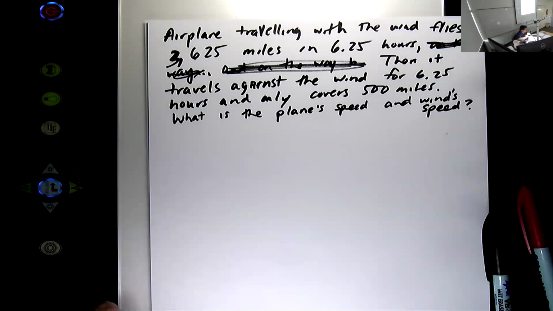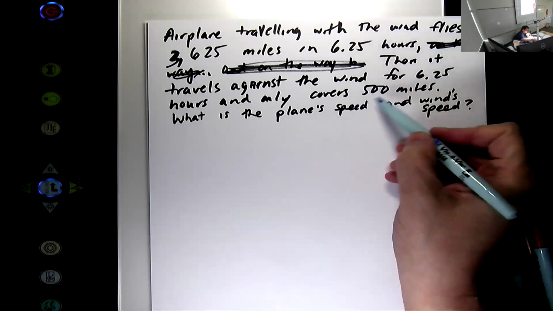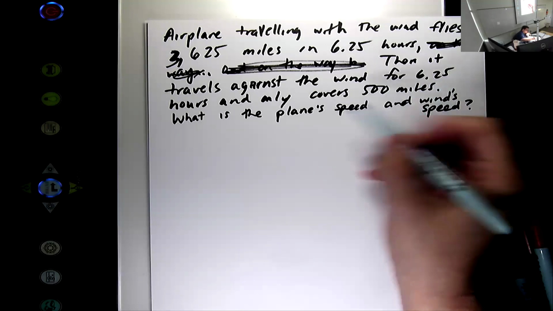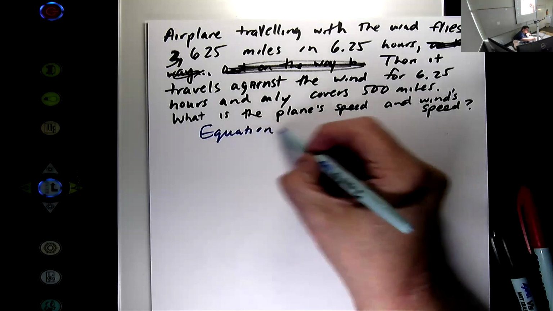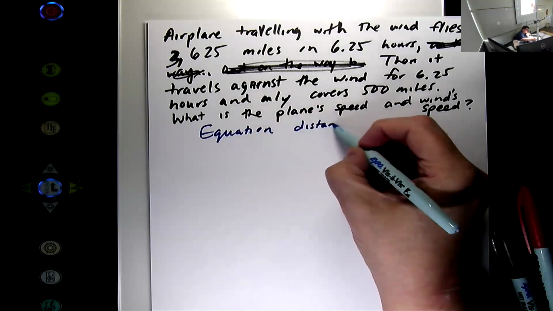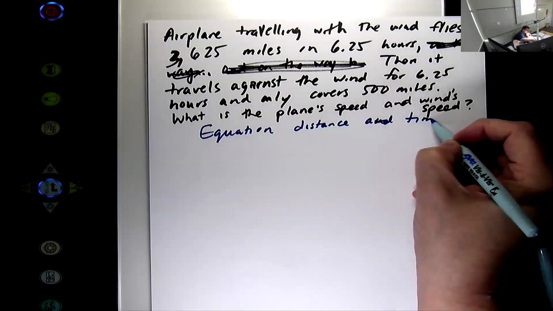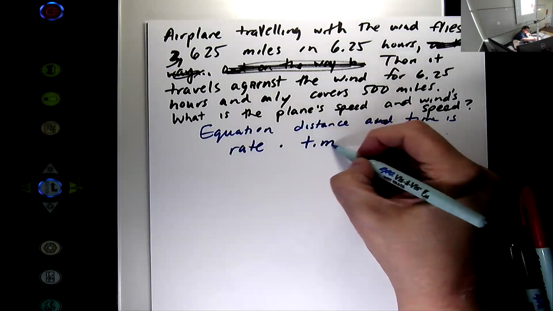So time is a constant. Time here is the same. So we've got distance, we've got time. An equation that has distance and time is rate times time equals distance.